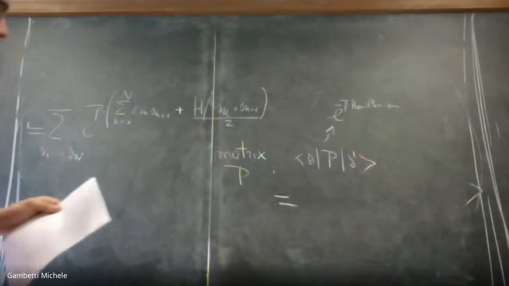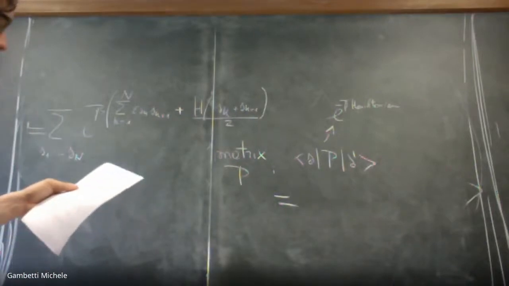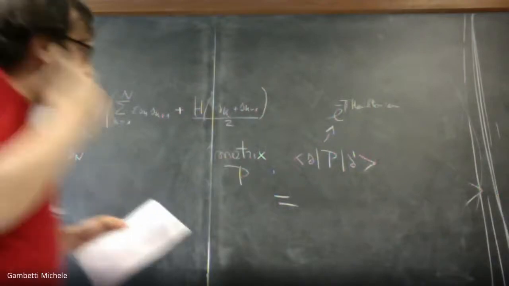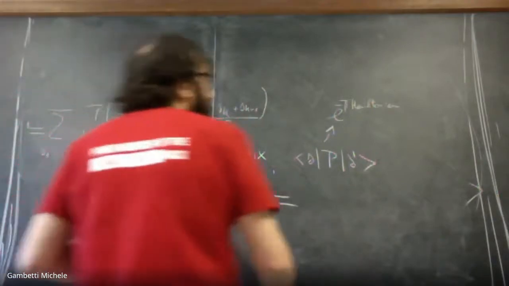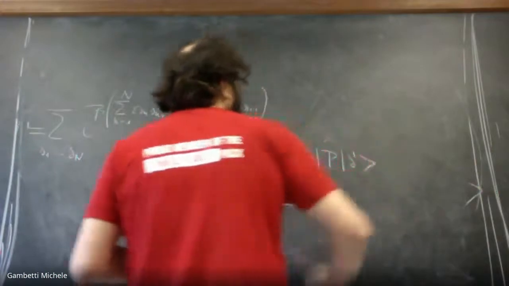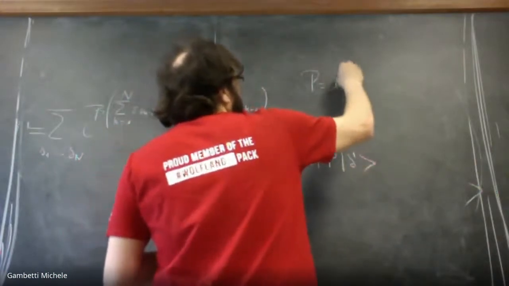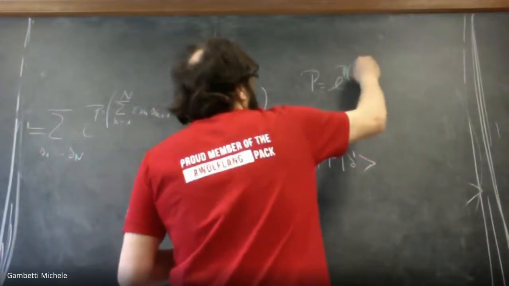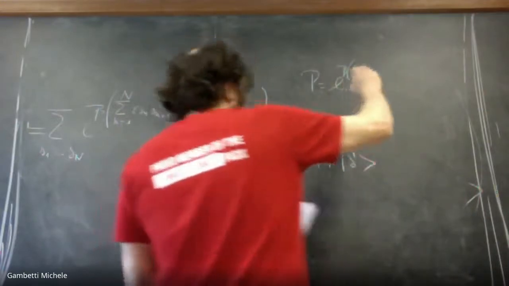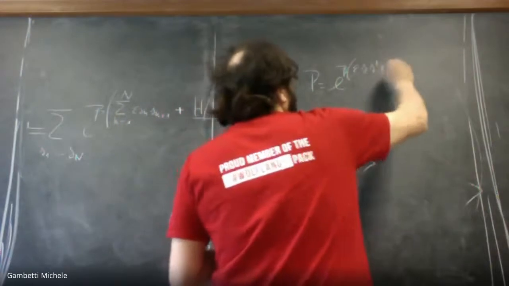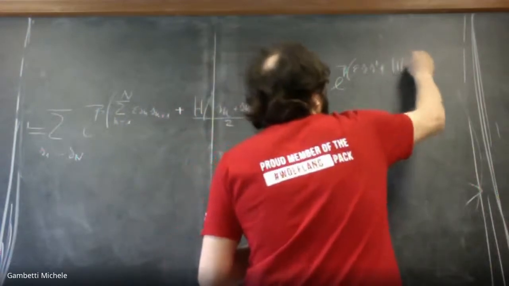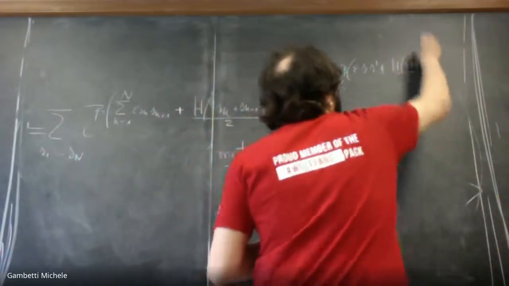Okay. So let me consider the case in which I project this. Let me write it explicitly, actually. So let's write P as e to the beta times epsilon s s prime plus h s plus s prime divided by 2.